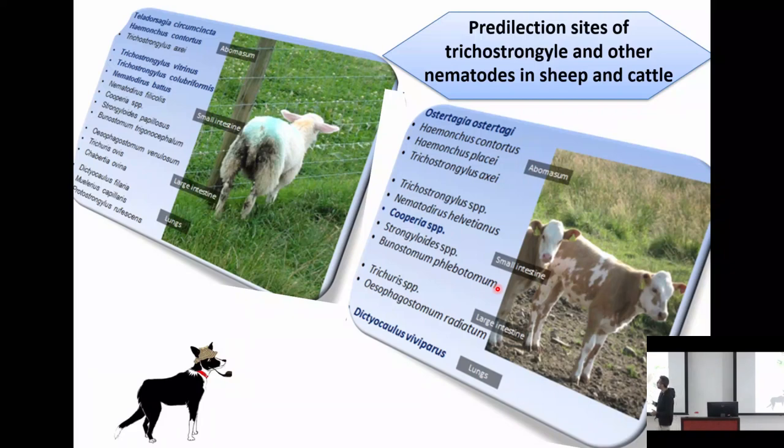So we will mostly cover those in blue shade here. These are the most important ones we will cover in the next few lectures. In the case of cattle, Ostertagia is very important, Cooperia is important, and Dictyocaulus is important, and you already covered that one.